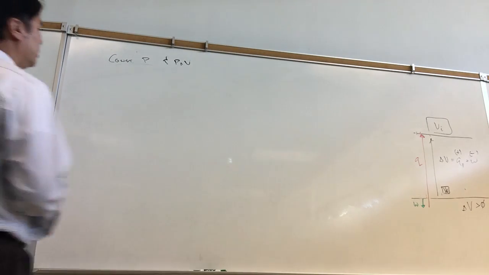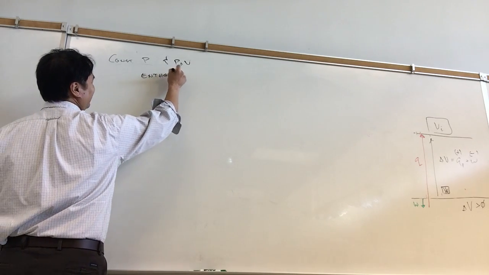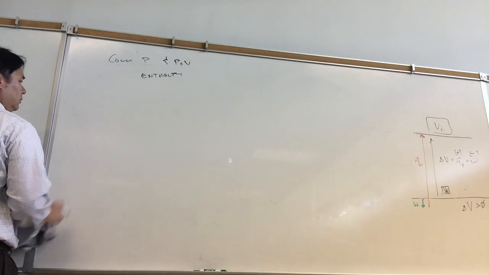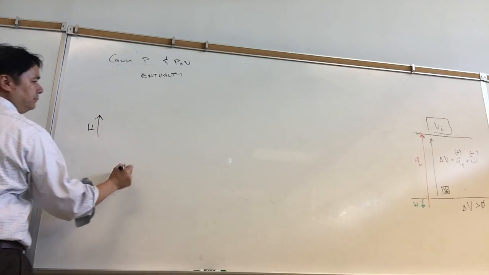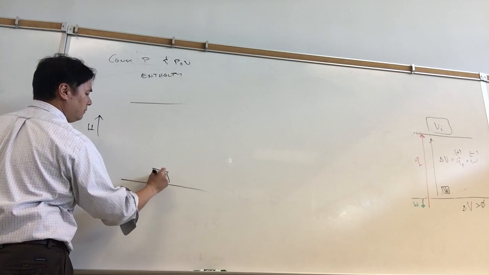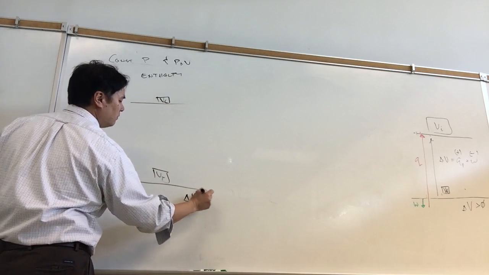All right, let's look at these scenarios in terms of enthalpy diagrams. Switch to enthalpy. H here. Okay, endothermic again. Here V initial is the same as V final. Delta V is equal to 0.